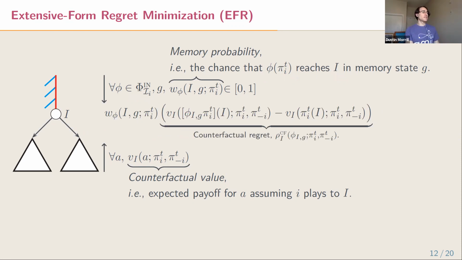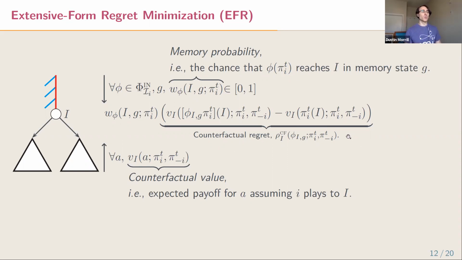Now we can combine these two things to get an objective for learning the strategy at this information set. So in the brackets here, we have a difference of counterfactual value between the strategy that a deviation would use here compared with the value that the learner's strategy gets at this information set under the counterfactual value function. And this difference has been described before.